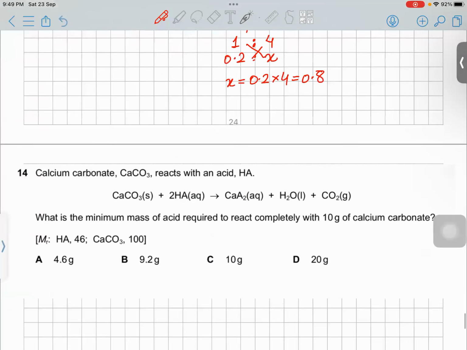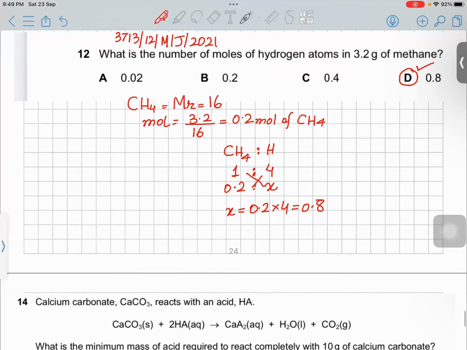Now next question. Sir, in this one you said the ratio of CH4 to hydrogen. Because hydrogen is required, the number of moles of hydrogen atoms is required. So shouldn't it be the ratio from C to H?